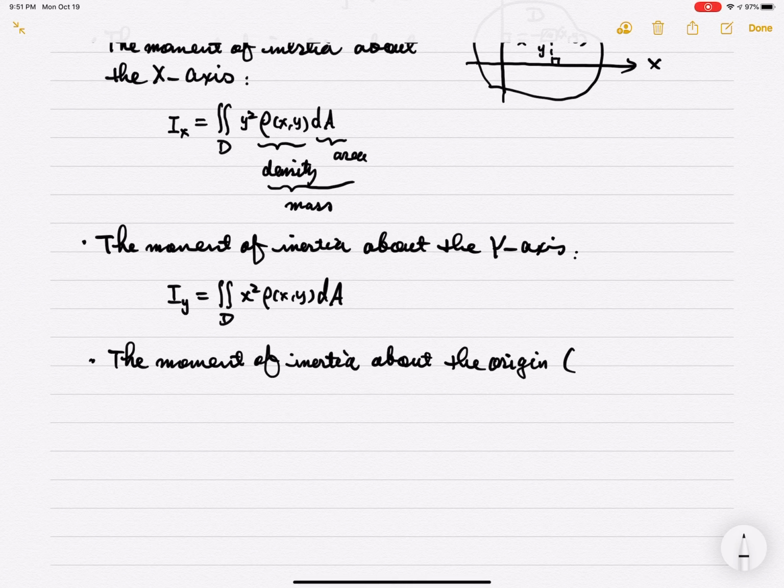And then we call this a polar moment of inertia.